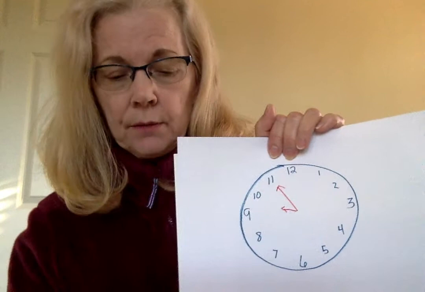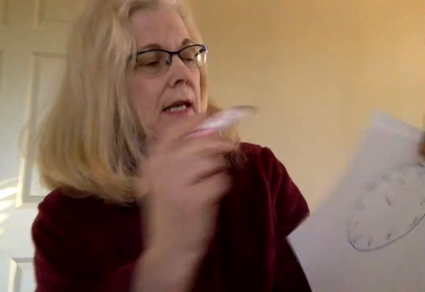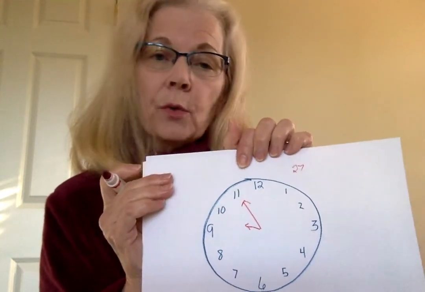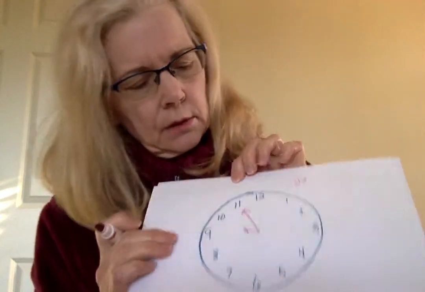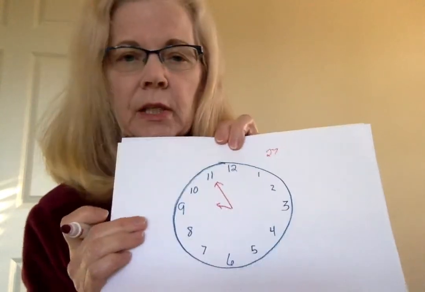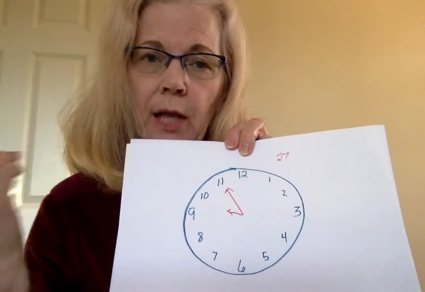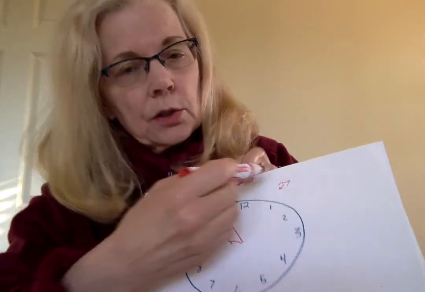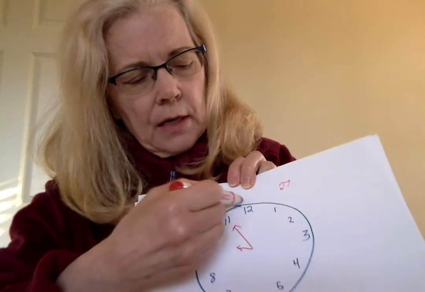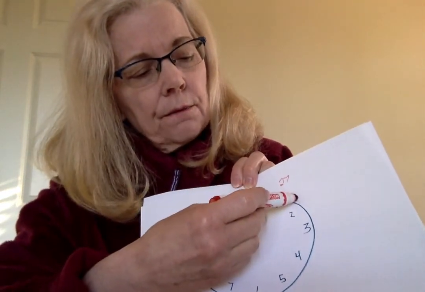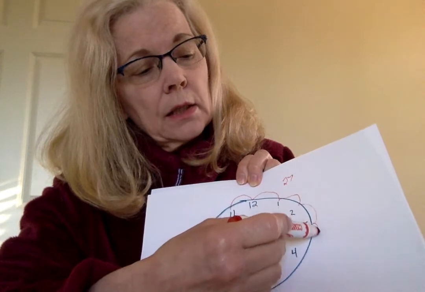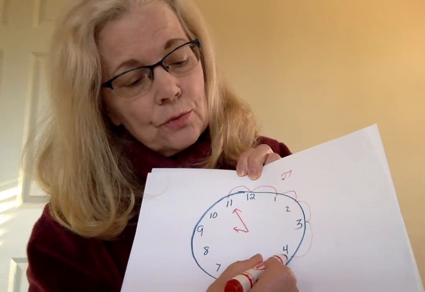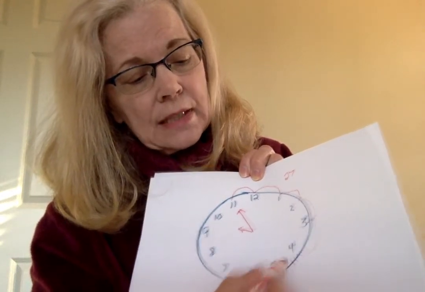But Miss Lewis said, I'm going to give you 27 minutes. We're very precise. We don't say about 20 or 25. I said 27. So let's count by fives until we get to 25, and then we'll add on those extra 2. So this is where we are. Let's count by fives until we get to 25. 5, 10, 15, 20, 25, and then we had 2 more, 26, 27.